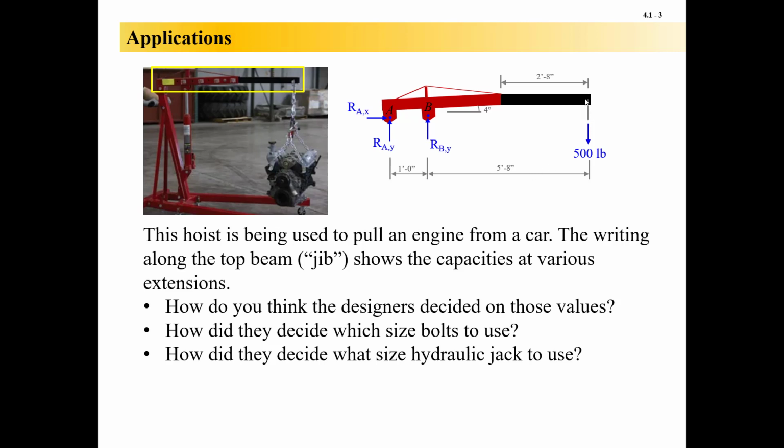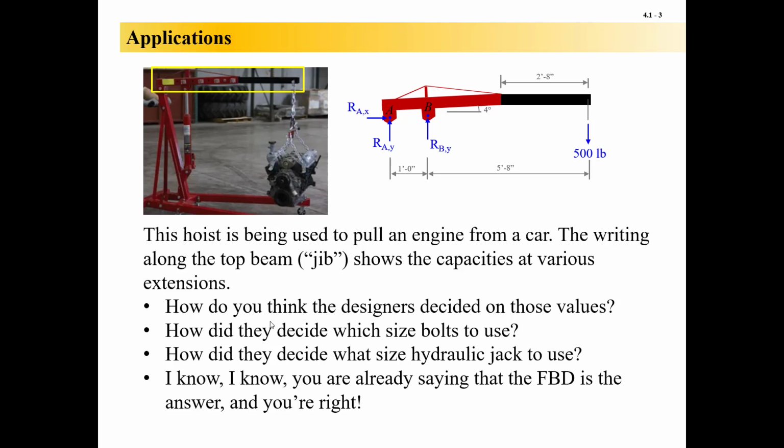But if you've got a 500-pound engine sitting on here, you should now, by the end of this lesson, be able to apply the equations of equilibrium and find out what this reaction is here at RBY and what these reactions are here at RA, and that will tell you what's going on here at A and at B. And whatever that reaction is at B, that's actually going to be the compression force in that strut. So that's a pretty important thing that could start answering these questions that the designers had.